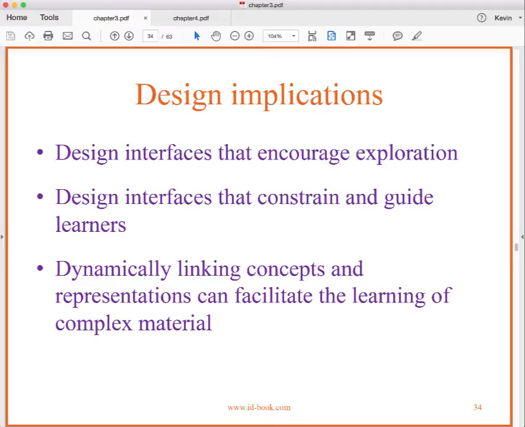What are some of the design implications here? Well, the counting capabilities that we have allow us to design interfaces that encourage exploration. People have more than memory, recall and recognition.